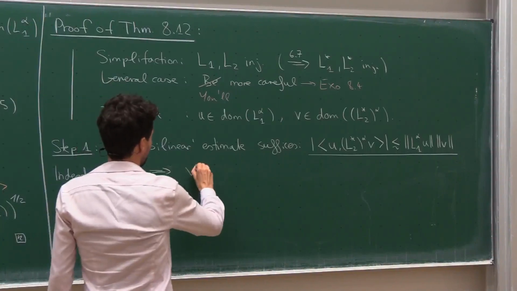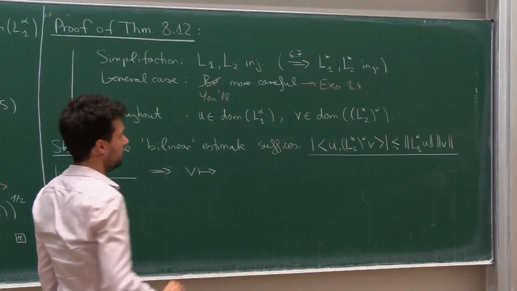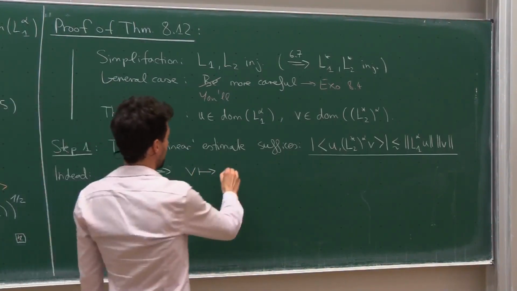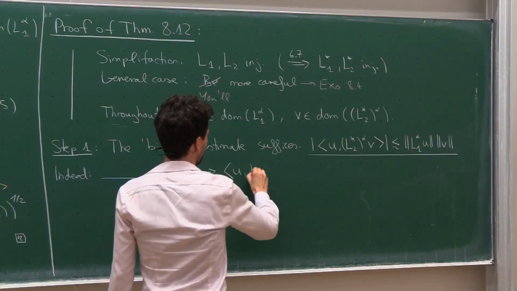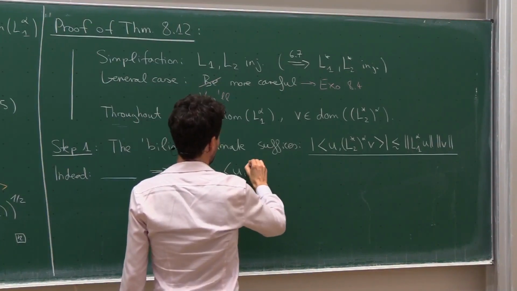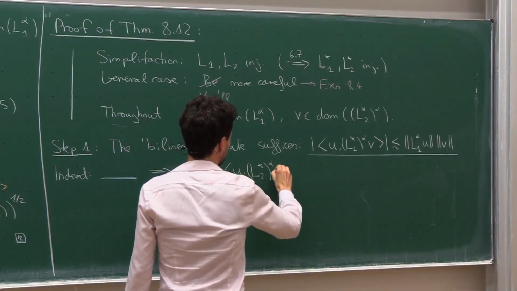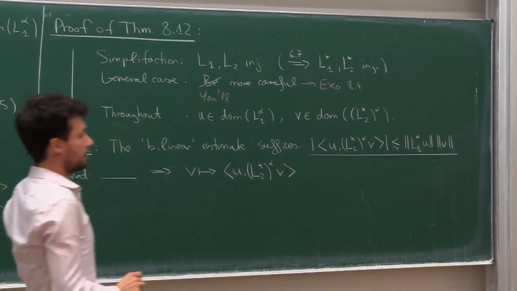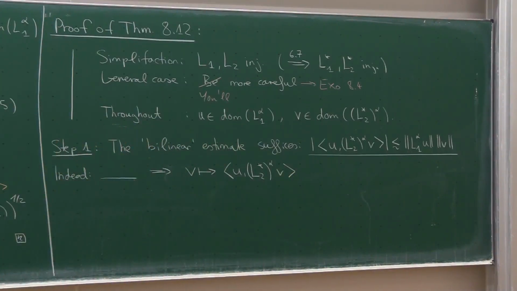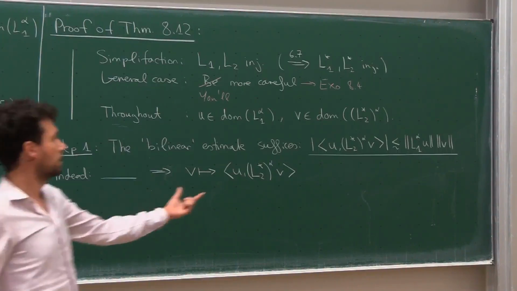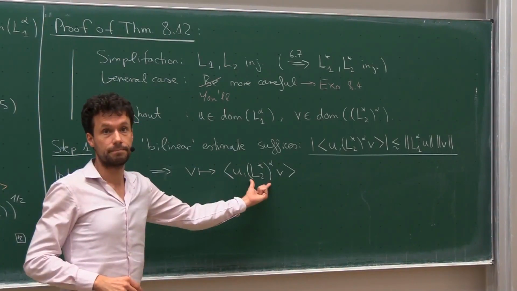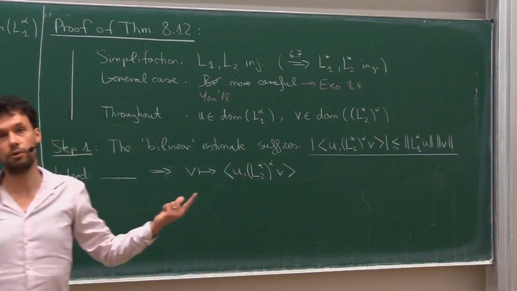Well, I can look at the following functional. V is being mapped to U against L2 star to the alpha V. This is some antilinear thing, and it is defined on the domain of this operator. Right? Well, that I can always do.